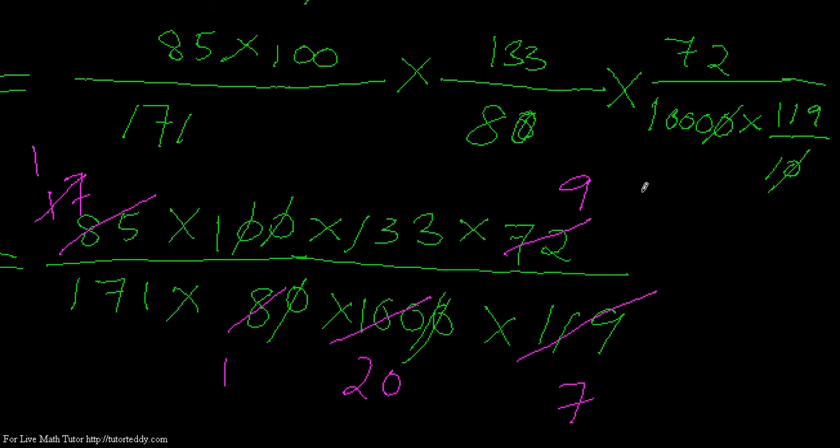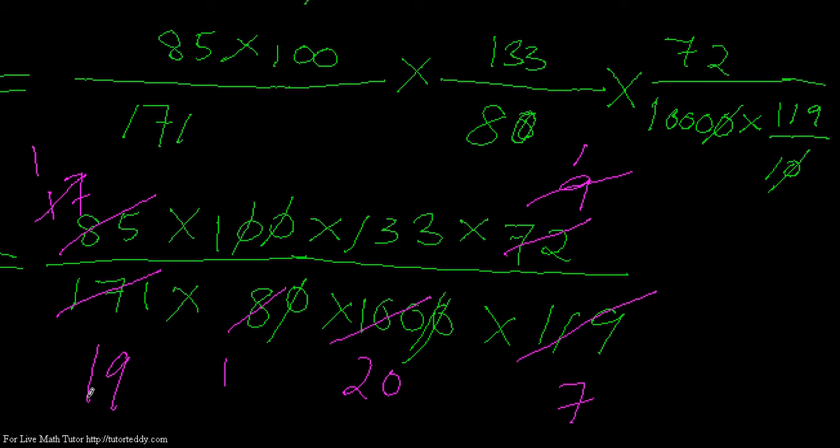Remainder will be 10, 11, 12, 13, 14, 15, 16, 17, 81, and 9 nines are 81. Yes, so 9 and 171 both are divisible by a common factor. That is 9 ones are 9, and this is 9 ones are 9, 9 nines are 81. So I am left with 19 here.